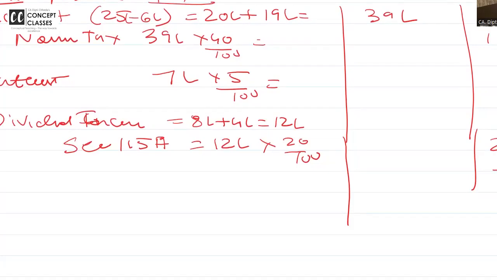15,60,000 plus 35,000 plus 2,40,000. 18,35,000 is the normal tax. And did the income exceed 1 crore? 39 lakhs and this?